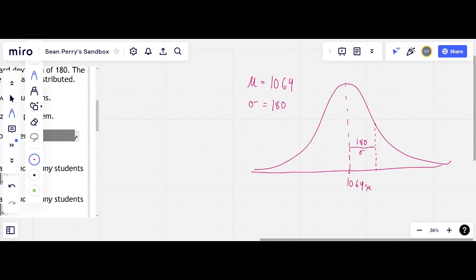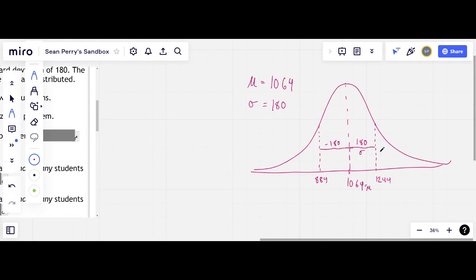And so what will we get if we go up and down by 180? You can take out your calculator at this point and just add and subtract 180 to 1064. And we get the following: 884 up to 1244. Let's keep going.